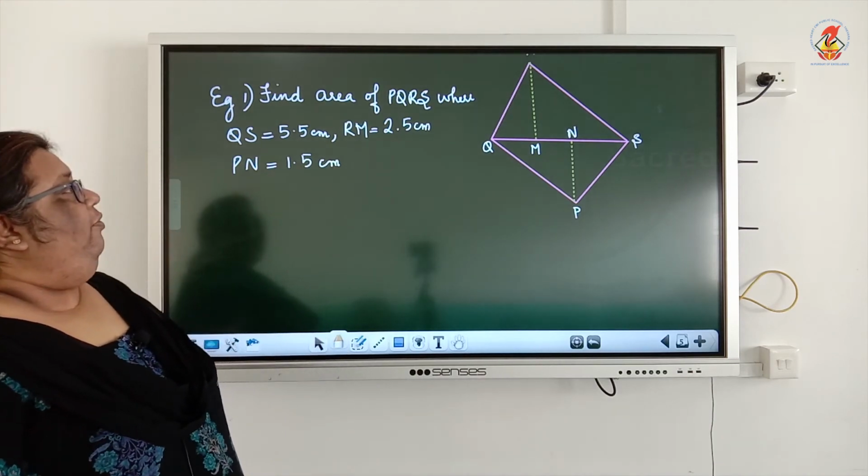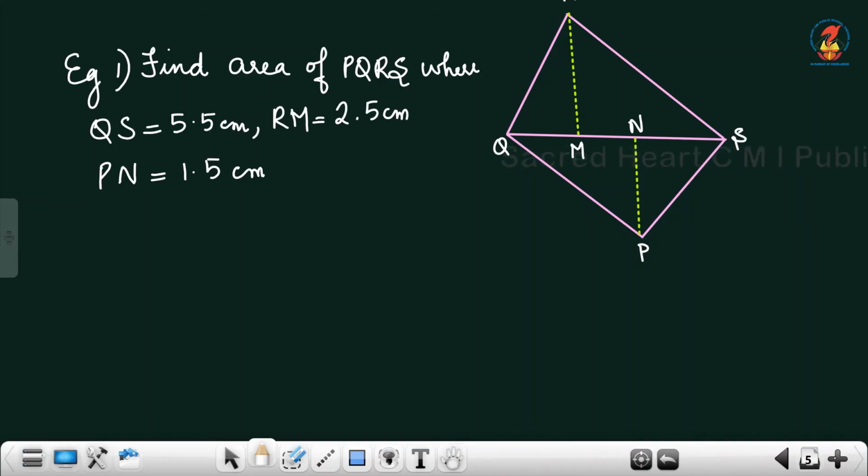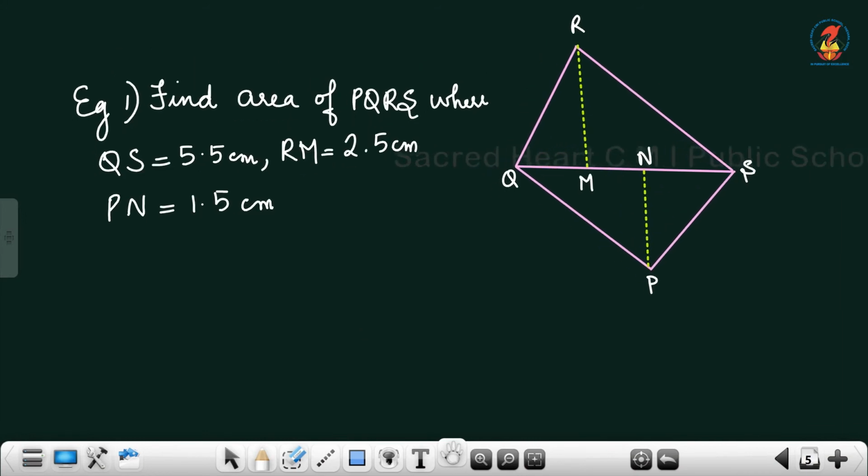Find the area of PQRS. You can see that in the figure there is a quadrilateral PQRS where QS is equal to 5.5 centimeter. The length of QS is given as 5.5 centimeter. In that quadrilateral, what is QS? Diagonal. RM equals 2.5. RM is the height, 2.5 centimeter, and PN equals 1.5 centimeter.